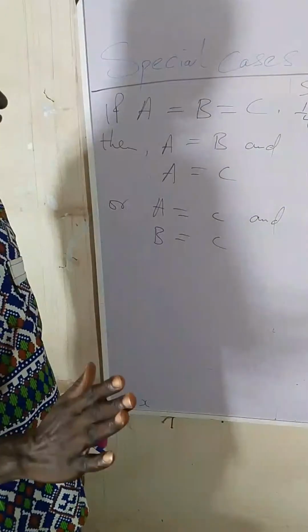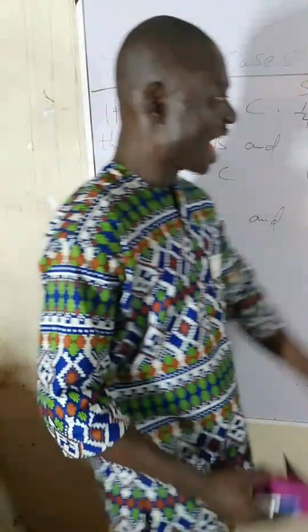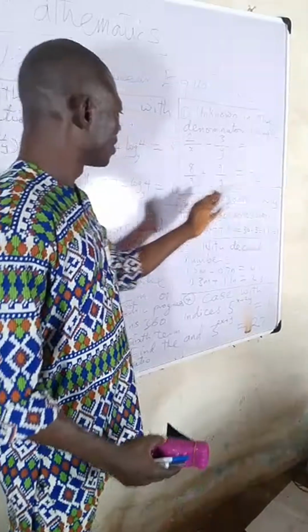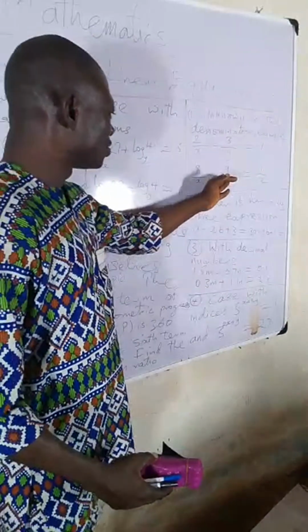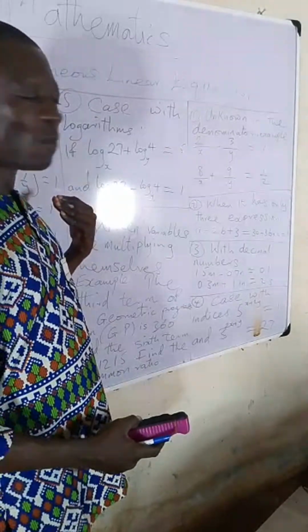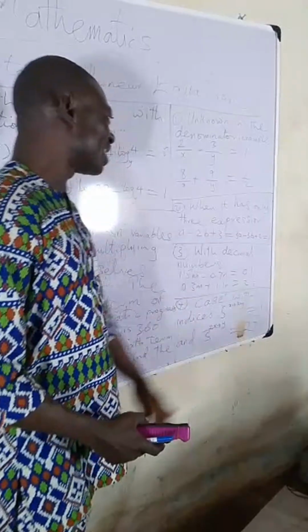What do I mean by 4 expressions? Like this: 1, 2, 1, 2. So it has 4 expressions on the left-hand side, which must have letters. And then we have is equal to the number on the right-hand side.